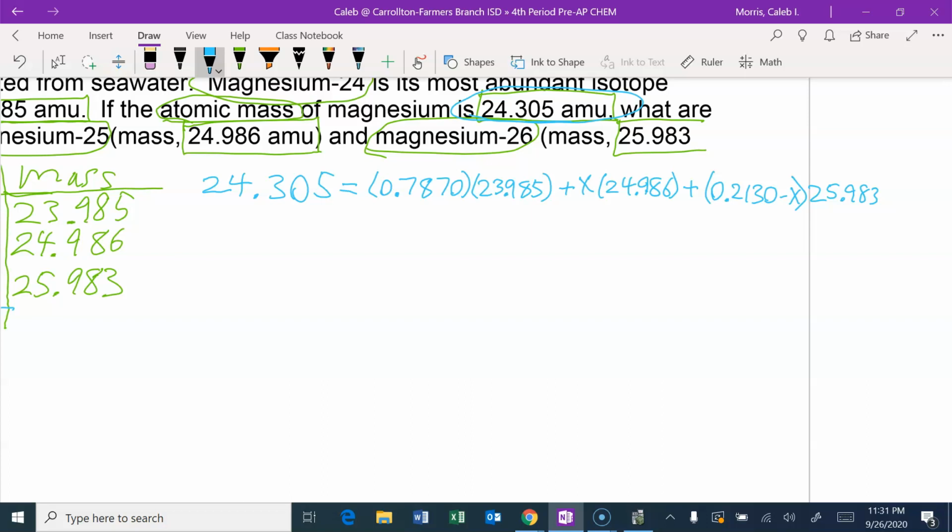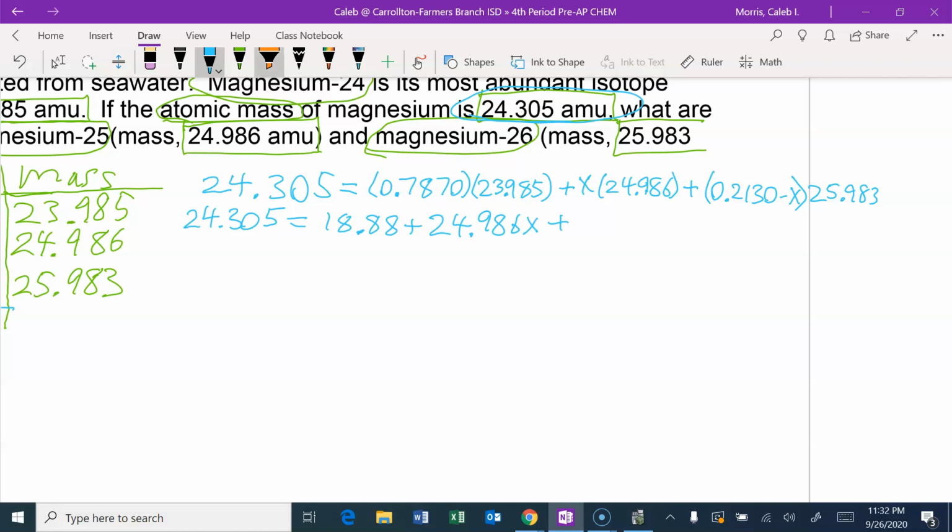Starting with this number staying the same, 24.305 equals, if we put 0.7870 times 23.985 in the calculator, I get 18.876, so 18.88, plus 24.986X plus 0.2130 times 25.983.